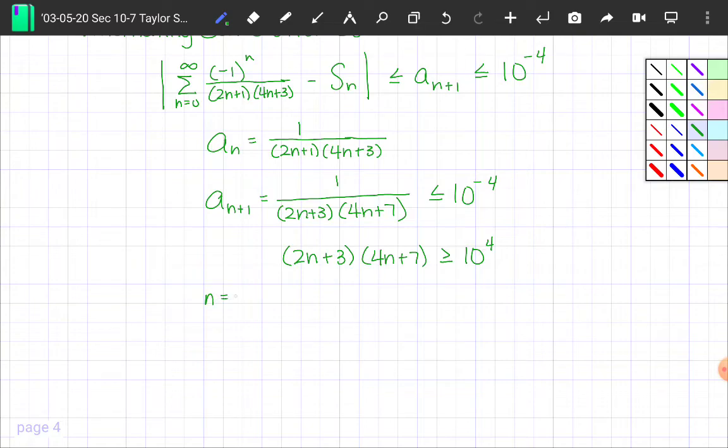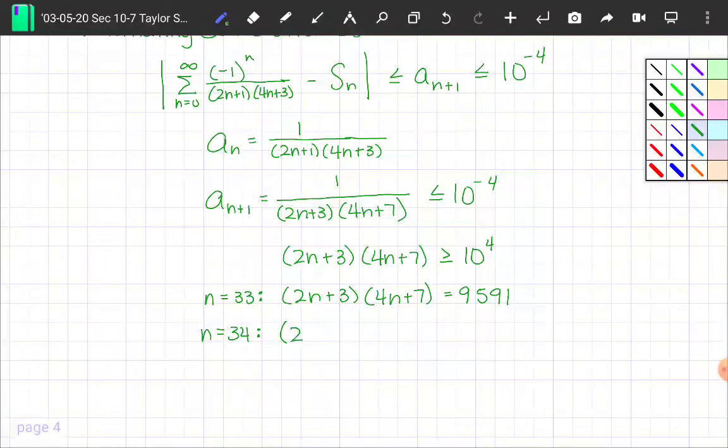If we let n equal 33, then we will find that the value of this is, I believe if I wrote it down right, did it on the calculator already, 9,591, so close, but I want to get bigger than that. So the biggest value, n equals 34, the value of this is 10,153.